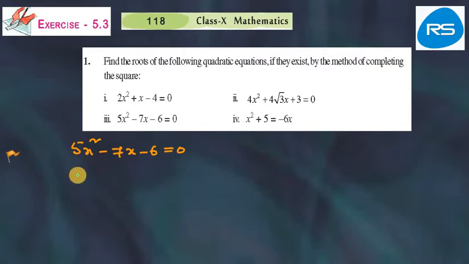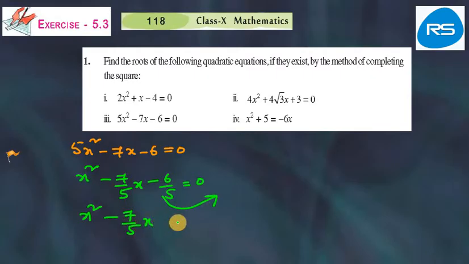If you divide with 5, you will get x square minus 7 by 5x minus 6 by 5 is equal to 0. So after that, the constant I am taking to that side. So you will get x square minus 7 by 5x is equal to 6 by 5.